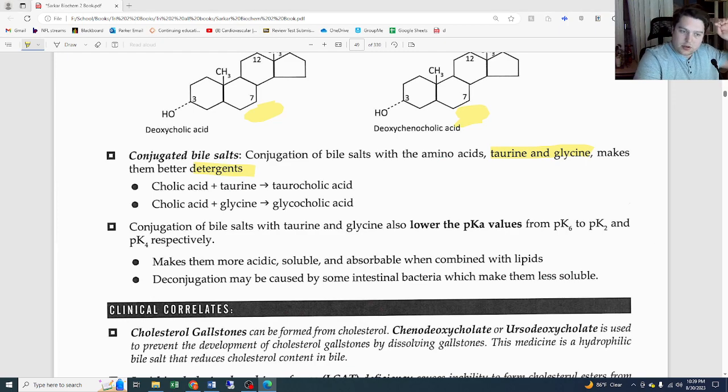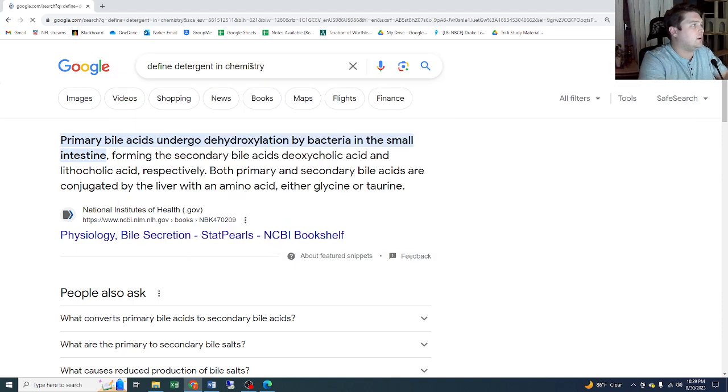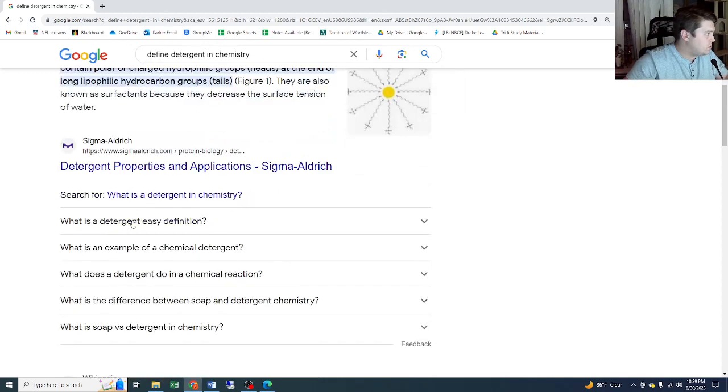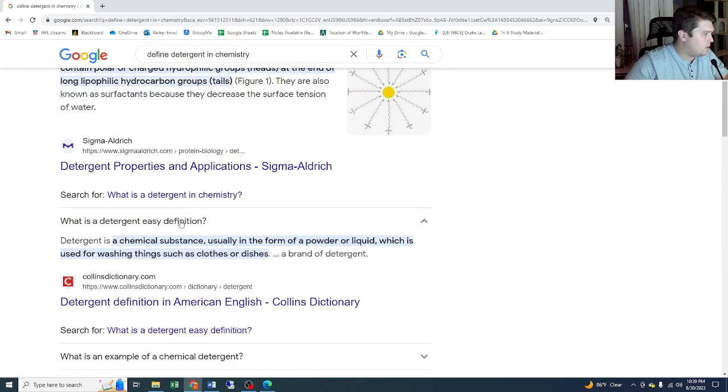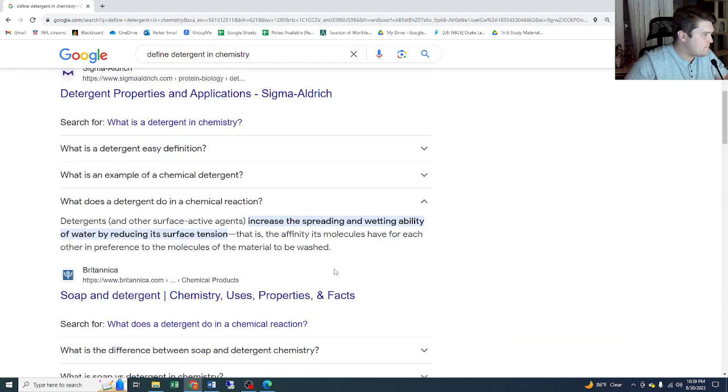Let me actually show you a specific definition of detergent in chemistry. Detergents increase the spreading and wetting ability of water by reducing its surface tension, the affinity its molecules have for each other, in preference to the molecules of the material being washed.